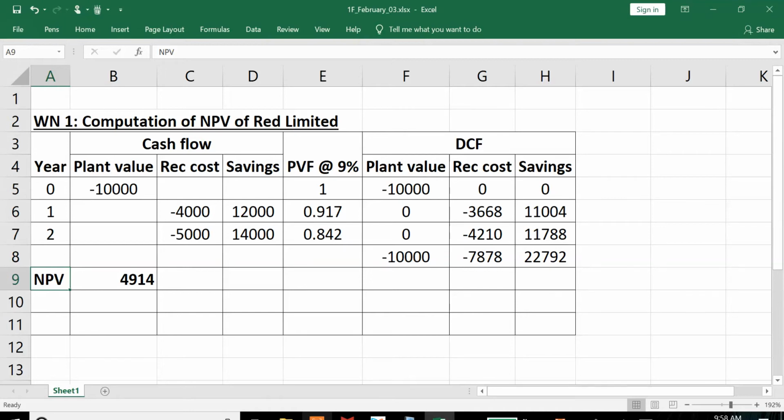The NPV which the project generates is 4,914. Which one? Adding the 3 items, minus 10, minus 7, plus 22.